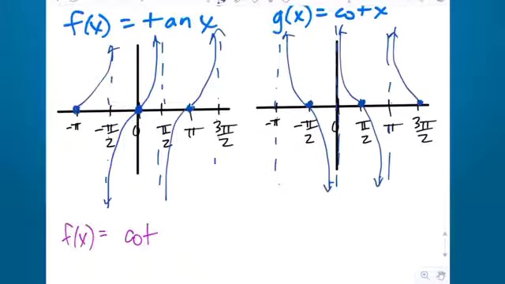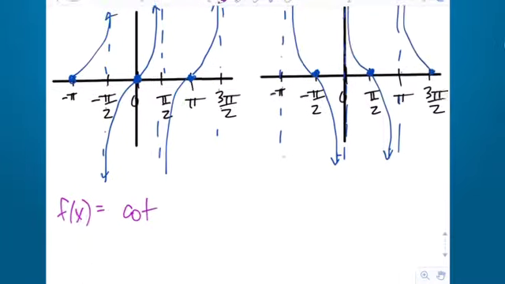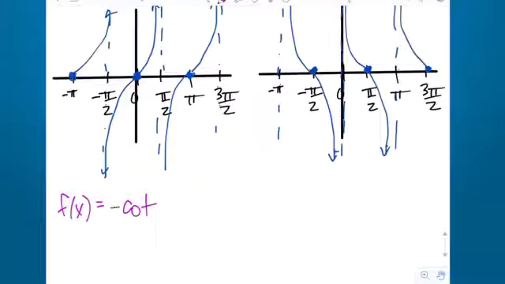If you reflect it across the x-axis, it'll change from decreasing to increasing. And so the way we do that is with the negative a value up front. So if the a value of tangent is 1, the a value of cotangent is going to be -1. And that's going to be a common characteristic. Anytime you're writing a graph of tangent or cotangent in terms of the other guy, you're always going to have to change the sign of whatever the amplitude currently is.